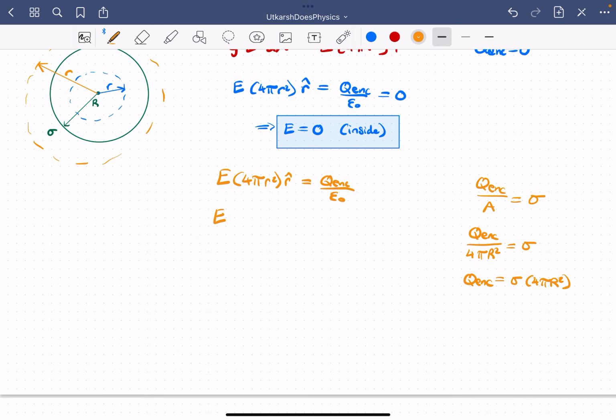So writing this out now, we get E times 4 pi r squared times r hat is equal to the enclosed charge, which we have written out here, to be sigma 4 pi big R squared over epsilon naught. Great. So now E is equal to sigma 4 pi R squared over epsilon naught 4 pi r squared, times r hat.